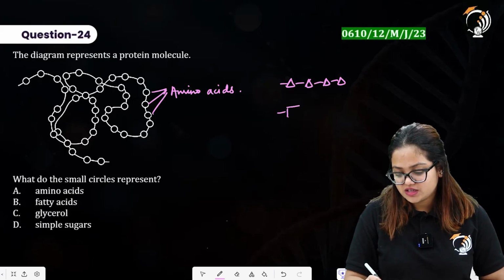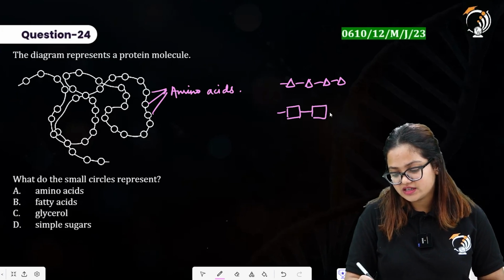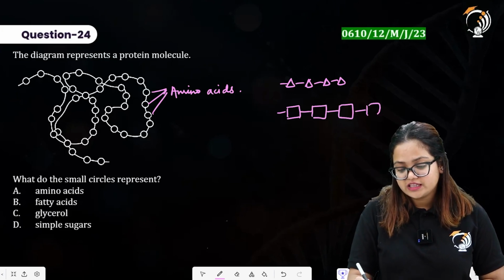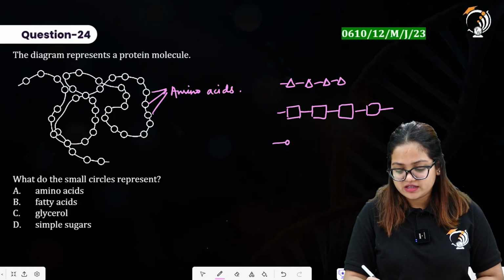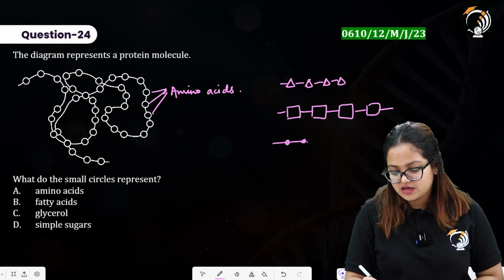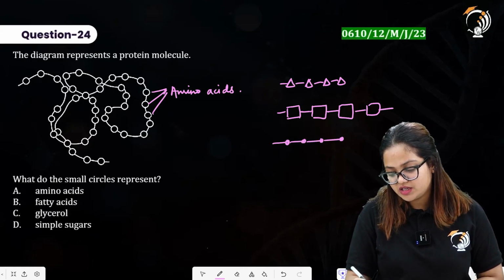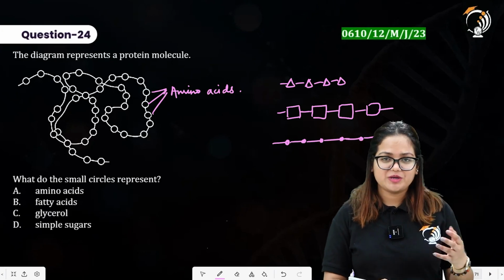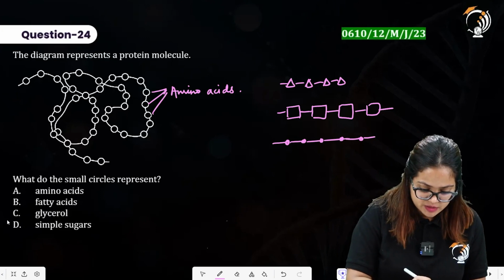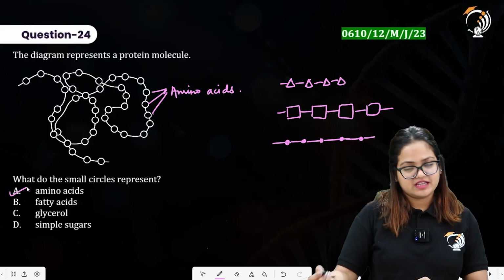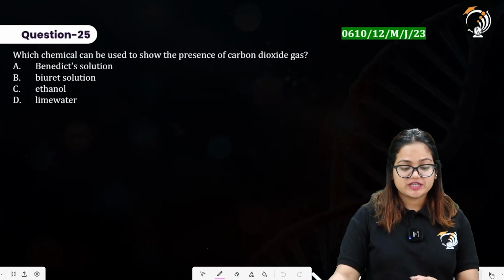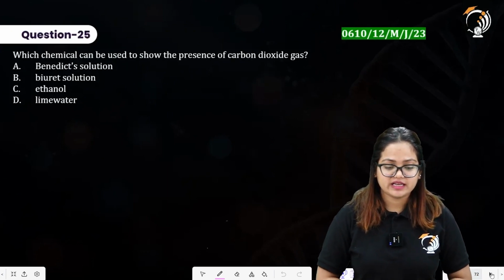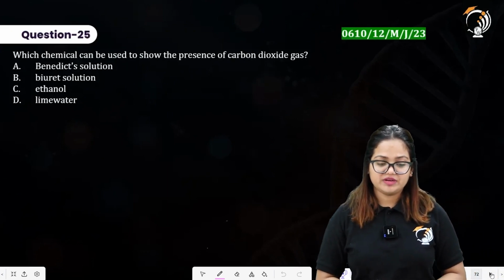They can also ask what these square molecules represented in a protein molecule are. They can also ask you to locate what these beads on this structure representing a protein molecule are. So we are simply going to mark amino acid as our right answer. What do these small circles represent here? A, amino acid.